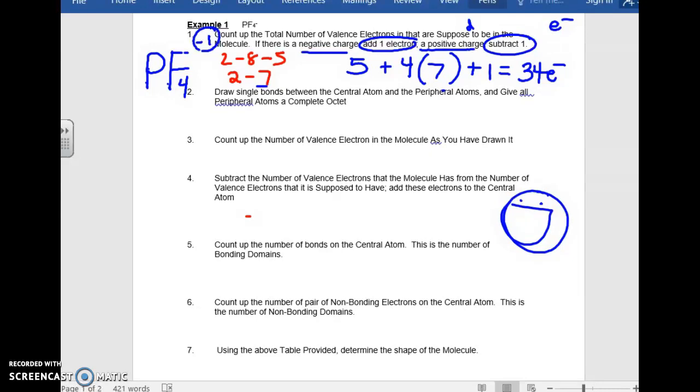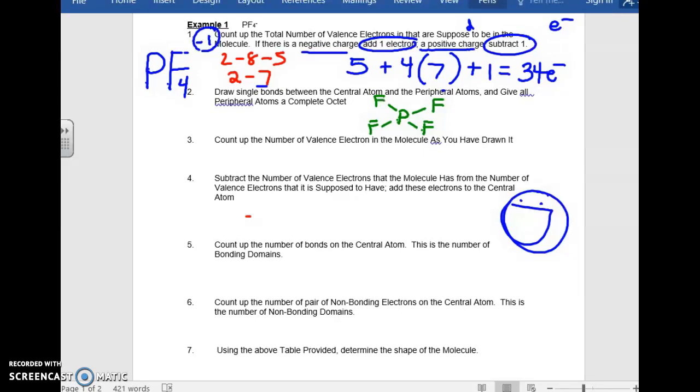Now it says draw single bonds between the central atom and the peripheral atoms. For molecules that have what we call expanded octets, they're essentially always going to have single bonds. So I draw the P in the middle, and I have fluorines going all around like this. Single bond, single bond, single bond, single bond.